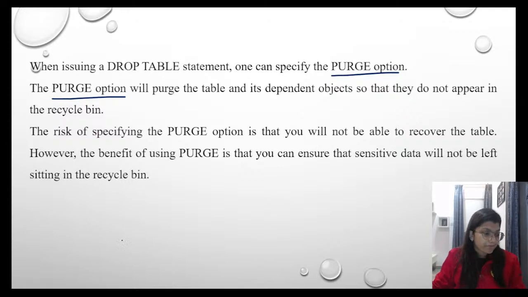Okay. So there is one question. Priyadarshini is saying difference between purge and truncate. So who will tell what is truncate? What does truncate mean?